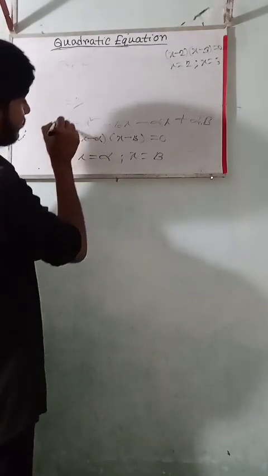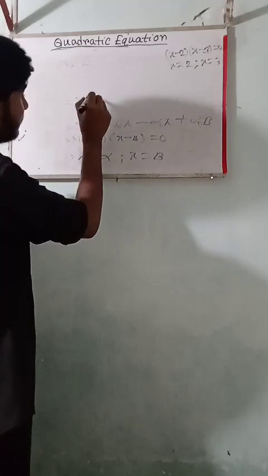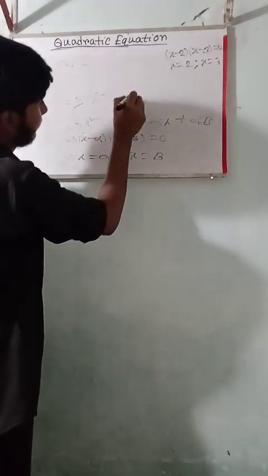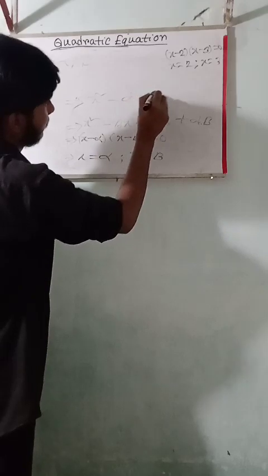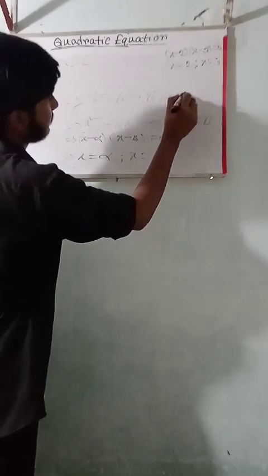And if we take common minus alpha plus beta, then it will be x square minus alpha plus beta into x plus alpha beta.